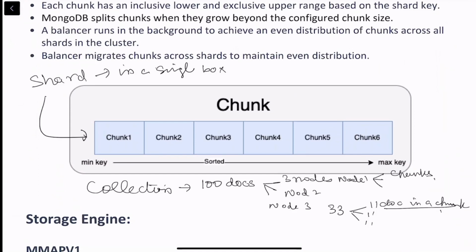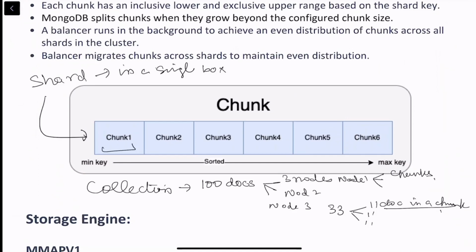MongoDB splits chunks when they grow beyond the configured chunk size. So there would be a chunk size, and in case it grows beyond it, there would be a split. It is essential for MongoDB to maintain this optimal number, and it prevents any shard from becoming overloaded. The smallest range of a chunk can only represent one document.